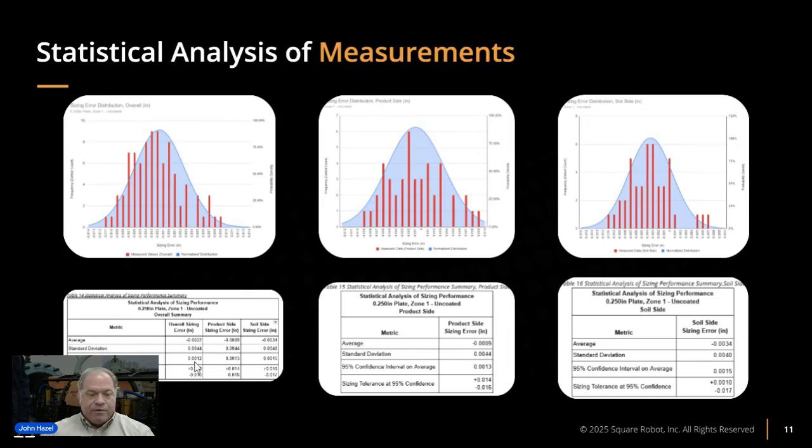So very tight range that we're operating in here. It's going to be the same for soil side and product side here. Confidence level 0.0013 and 0.0015. So extremely tight tolerances in what we're measuring.